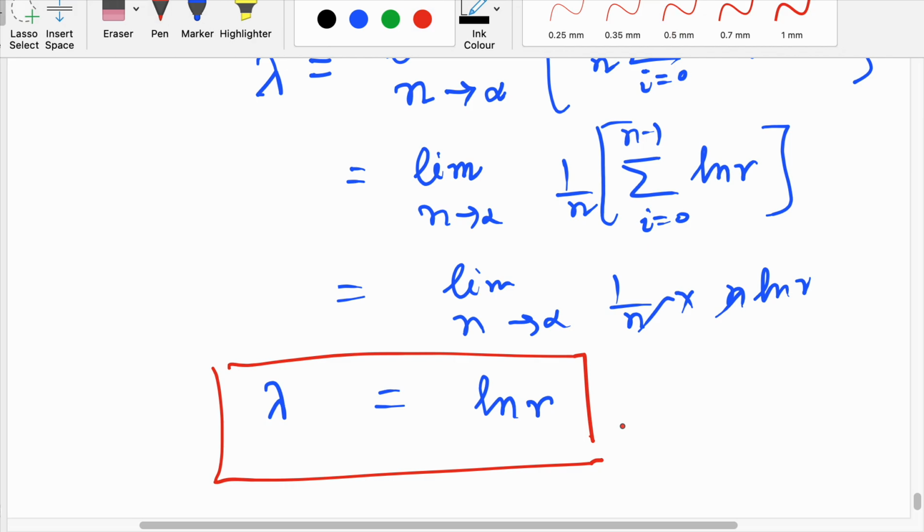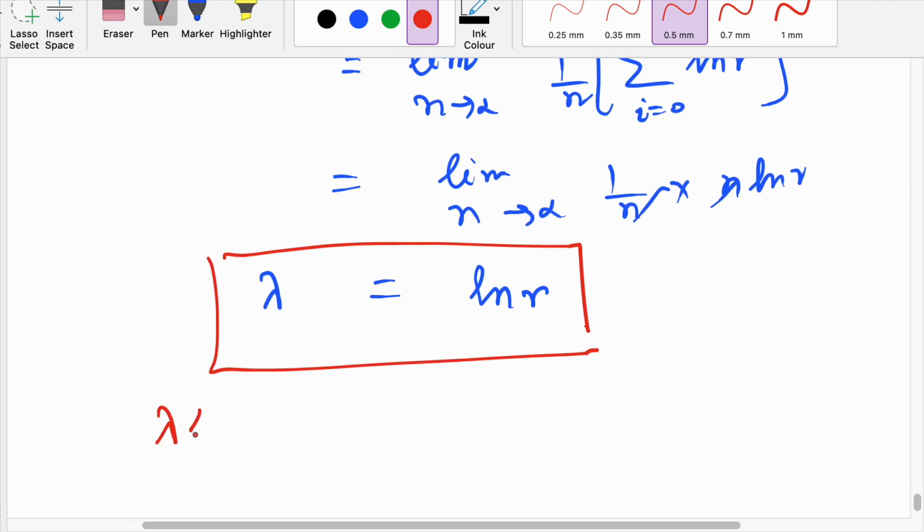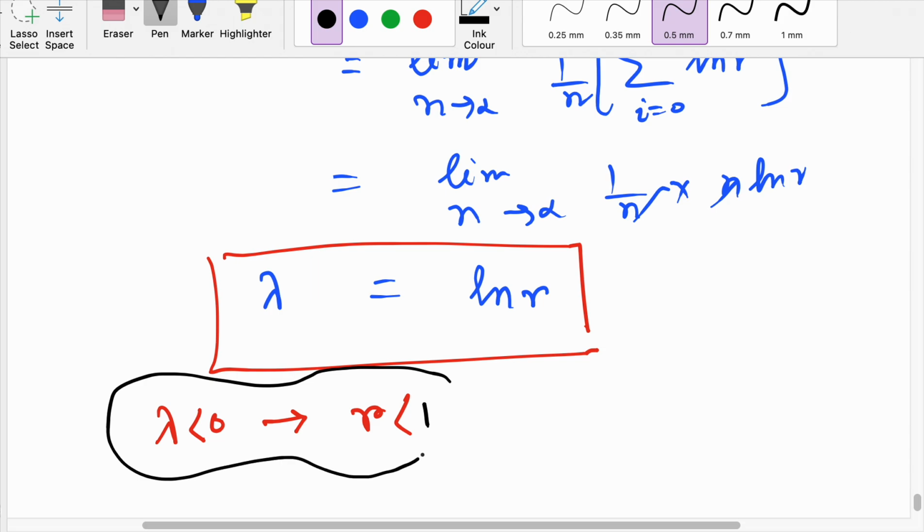So from here we can see one thing: this tent map will have lambda less than 0 when r is less than 1. So for a tent map with r less than 1, the system will not be chaotic.